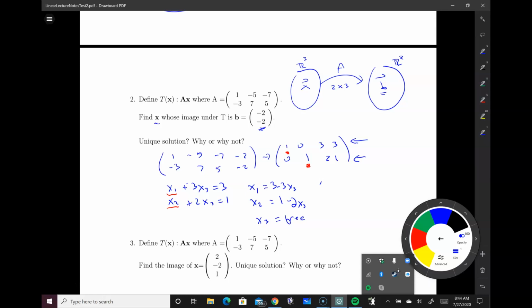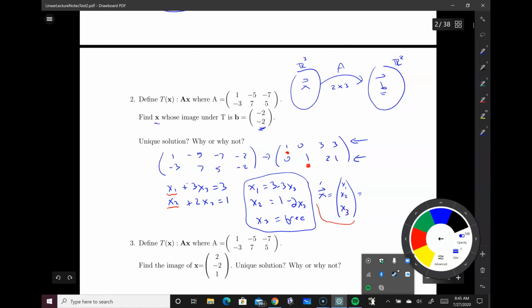Okay, so this is the parametric way of writing the solution, or we can go a little further. Remember, we talked about this before. I could say x, which is x1, x2, x3. I'm going to encourage you to write this step down because this will help you. So what is x1 equal to?